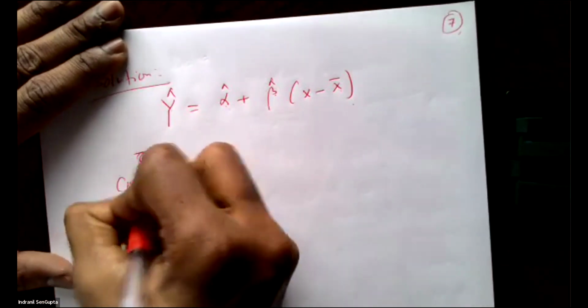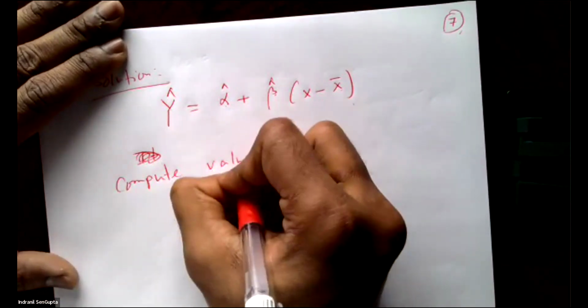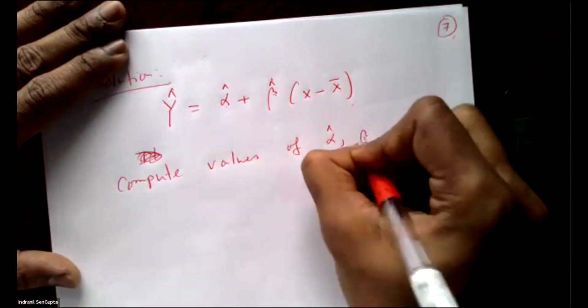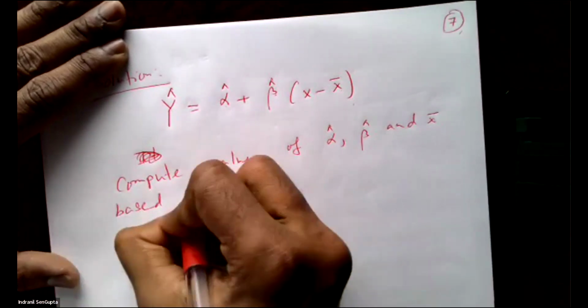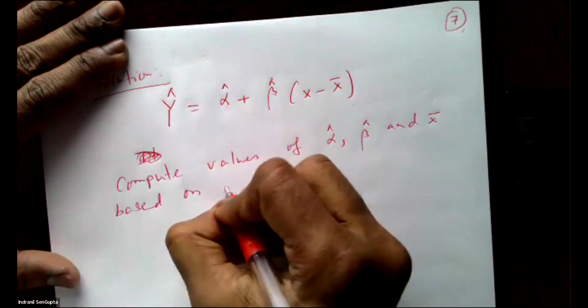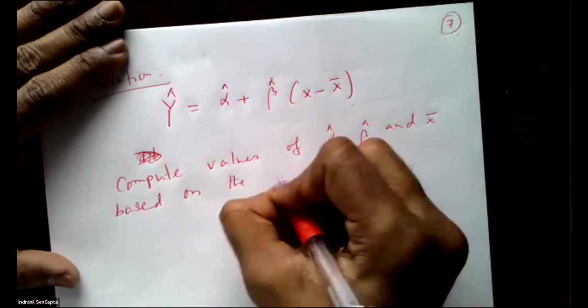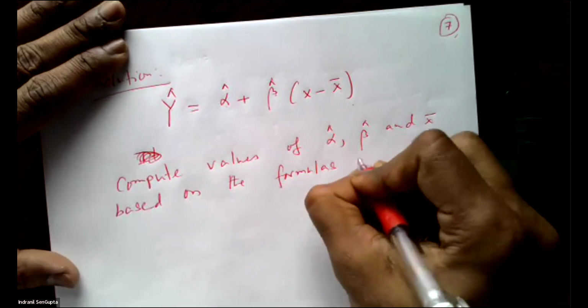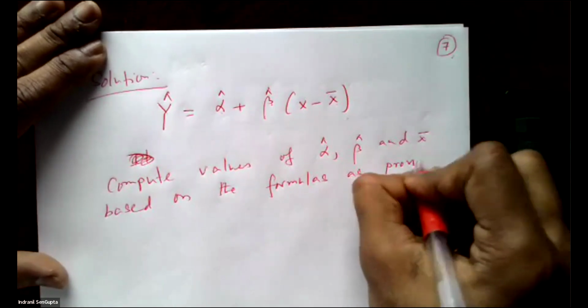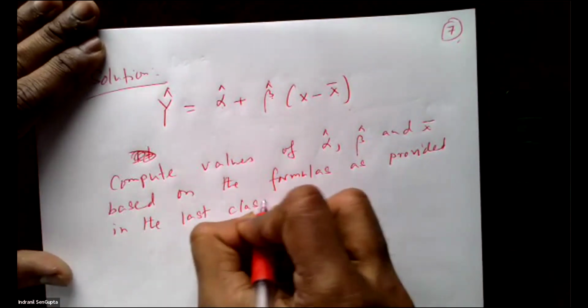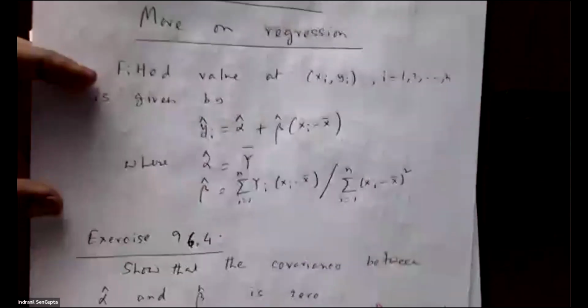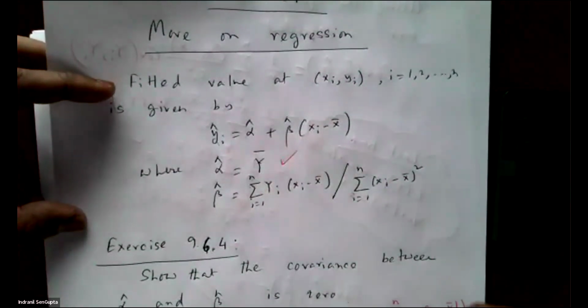So compute the values of alpha hat, beta hat, and x bar based on the formulas as provided in the last class and even today. At the very beginning, we have seen these formulas: alpha hat is y bar, beta hat is this one, so we can always compute this, right?